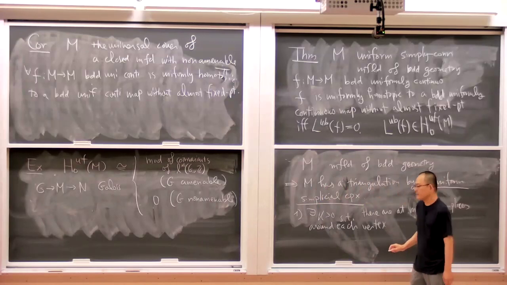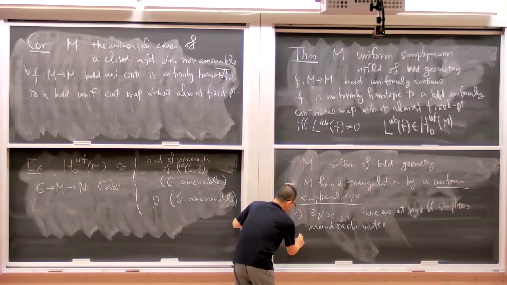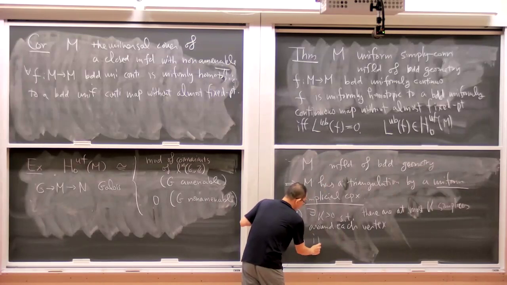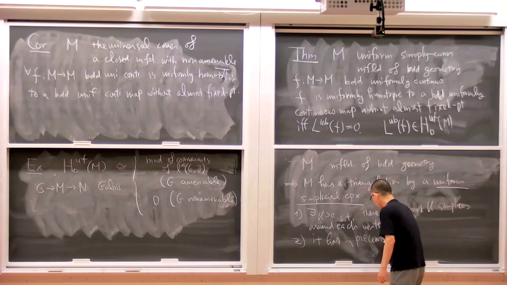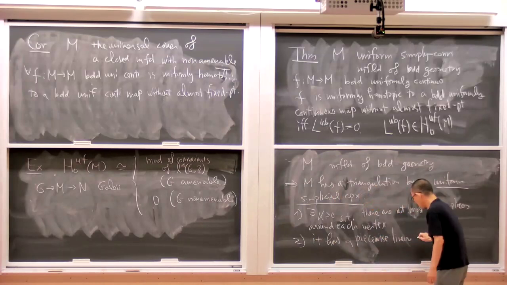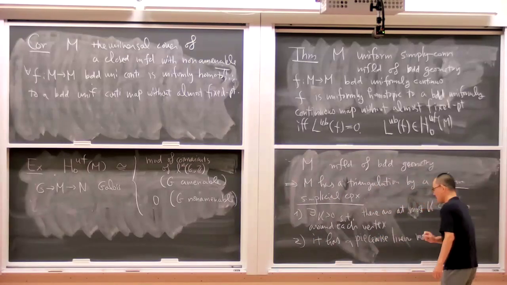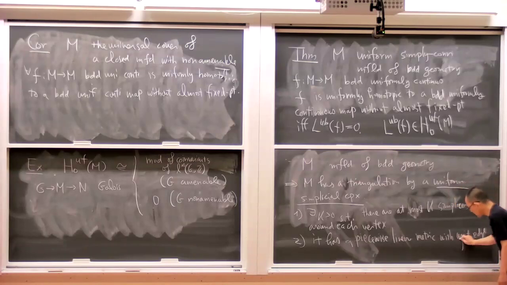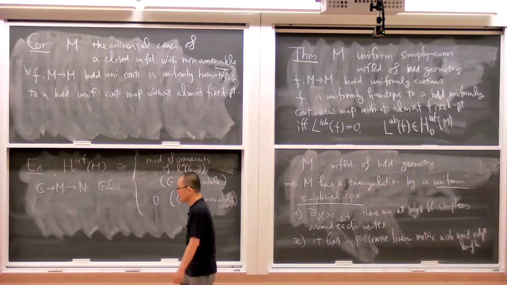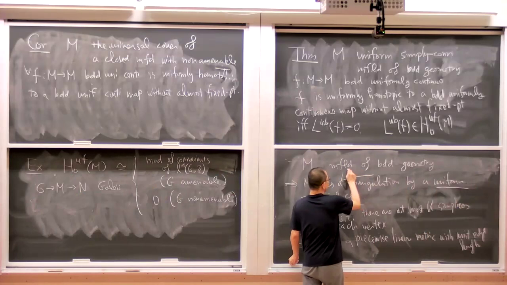The second condition is about the metric: it has a piecewise linear metric with uniformly bounded... Sorry, not just a triangulation, but a much better triangulation.